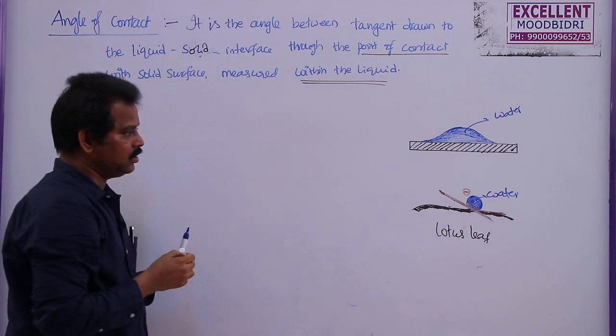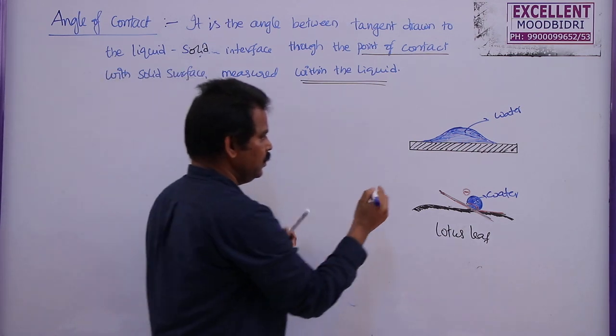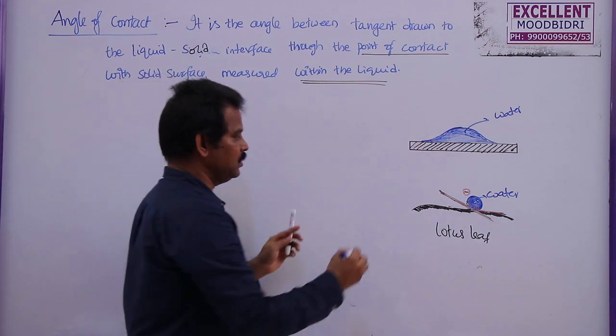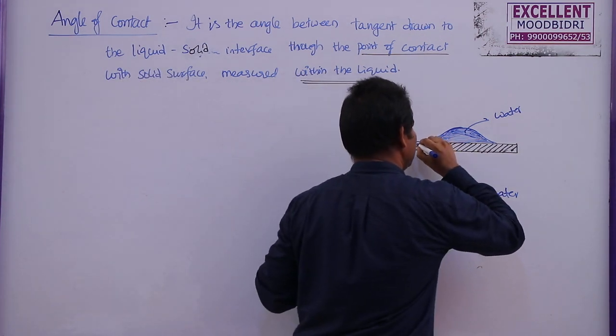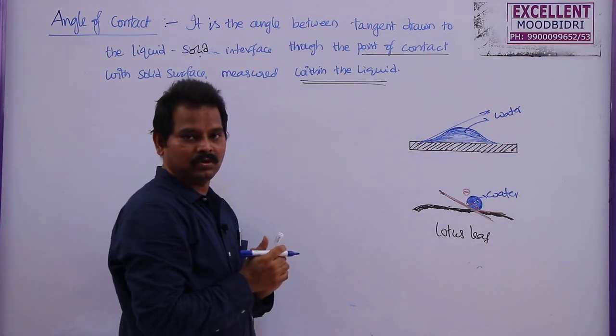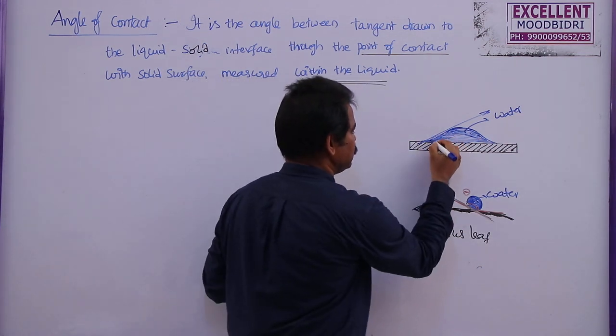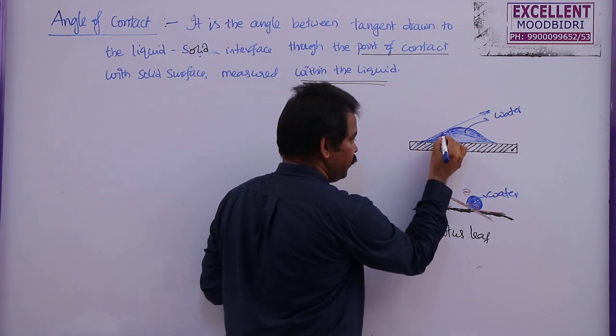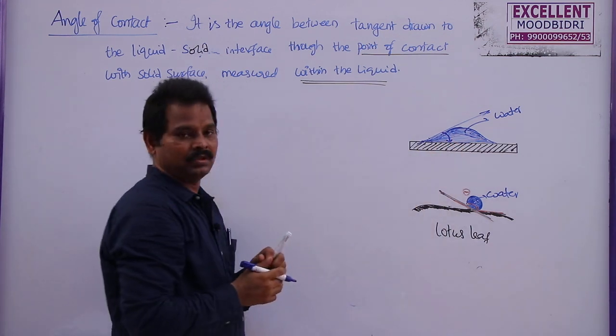Now, if you see this diagram, in this diagram, this is the point of contact between the solid and liquid surface, and this is the line which is drawn like this. This is the tangent here which is drawn through the point of contact between the solid and liquid, and here we have to measure the angle within the liquid.